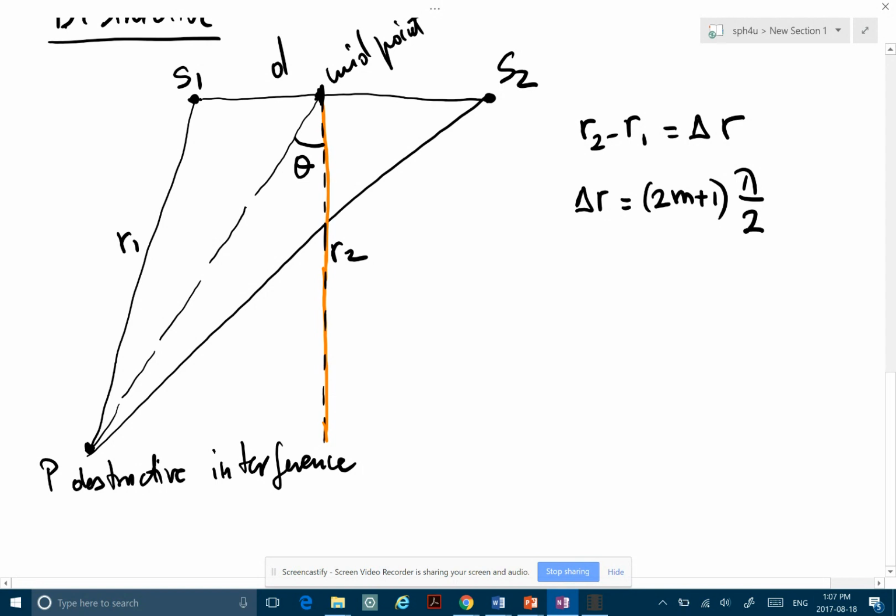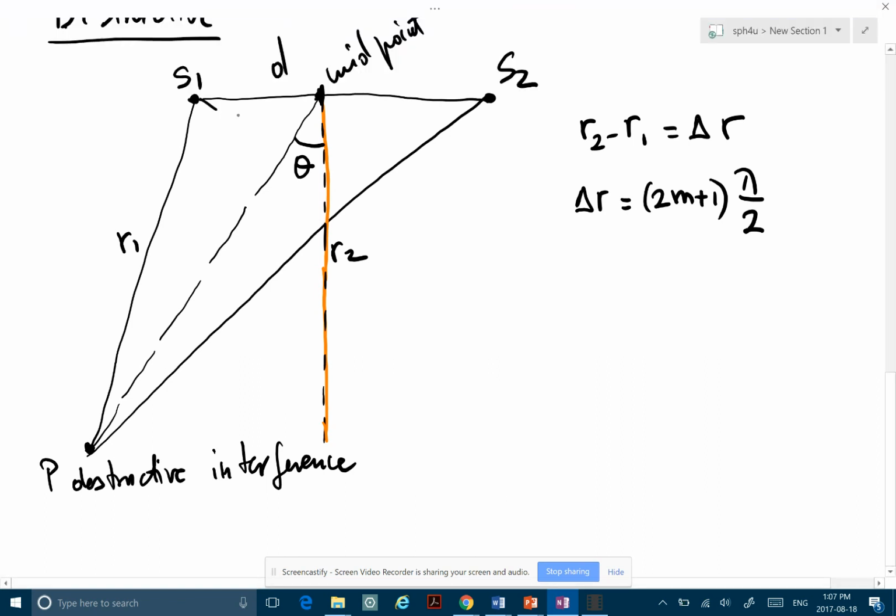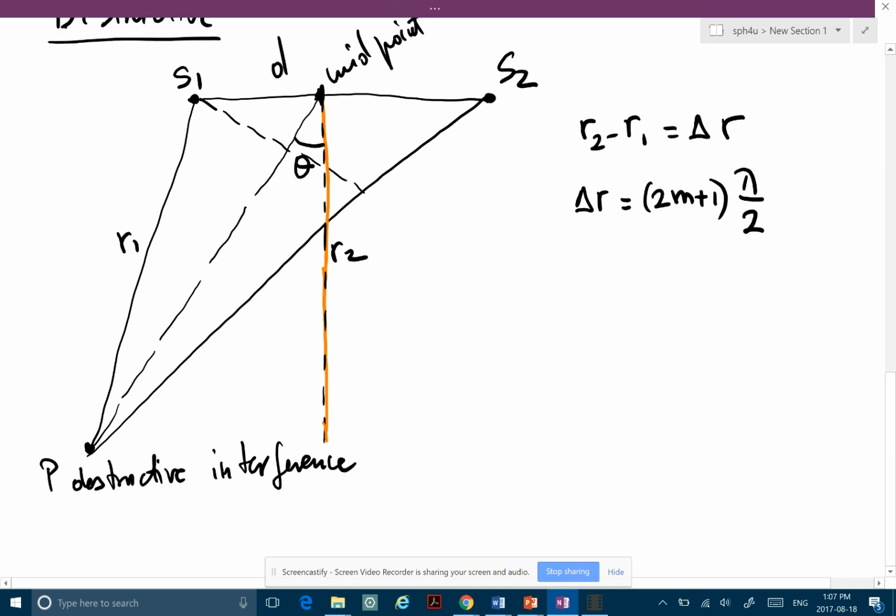Now let's see on the diagram, what is that delta R? And we can do that by doing some trigonometry tricks here. So we have this line, which is perpendicular to the other path.